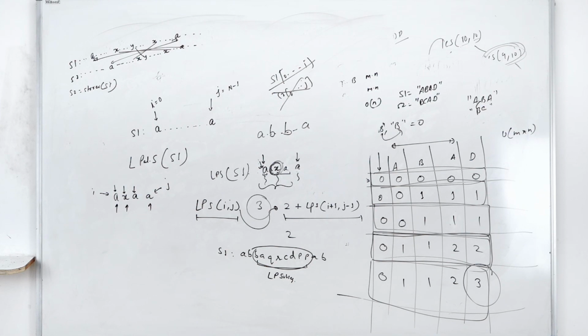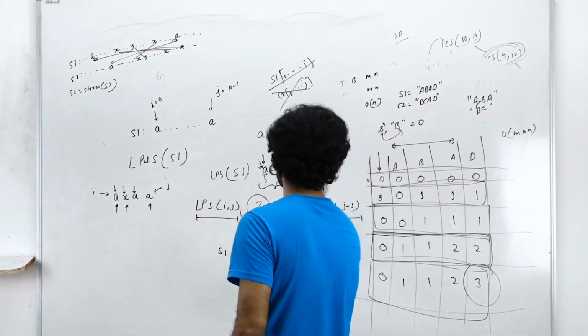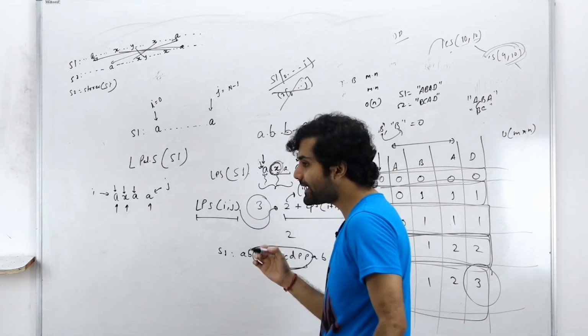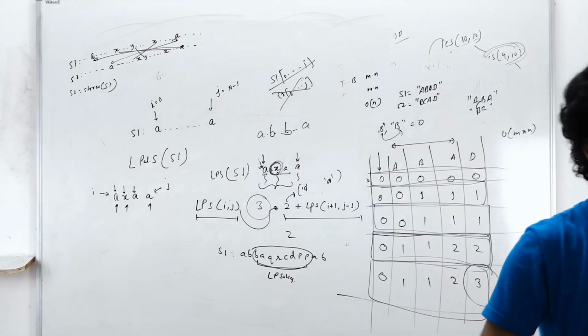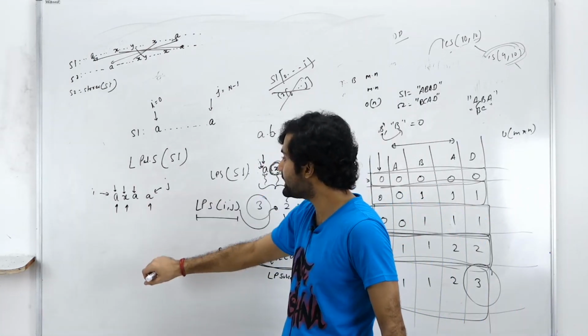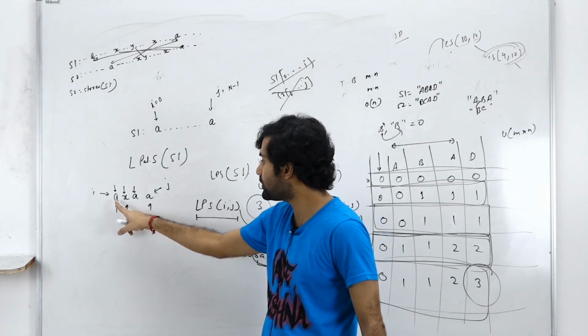You would consider, right? Because both of them are matching. And the moment you write this recurrence relation, this 2 is for the 2 A's that you had got. But now here I am saying that I could have taken this A also with this A.